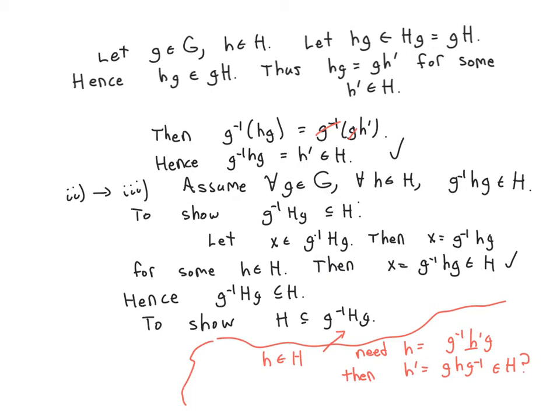And so we see exactly where we used the fact that H was normal. We used it as a way to move the little g past the little h so that we could cancel. So that's the end of the first part.